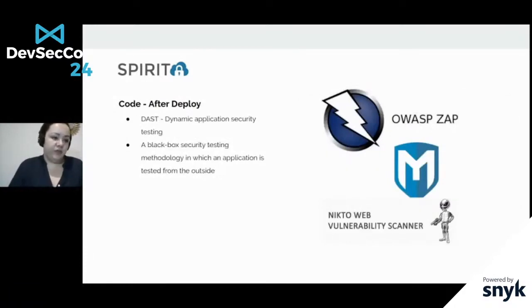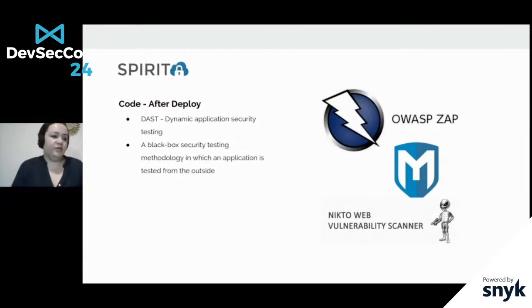And after the deploy, you can have a dynamic application security test, a DAST. Different from the static test, it consists of tests performed during execution, monitoring things such as system memory, functional behavior, response time, and system performance overall.